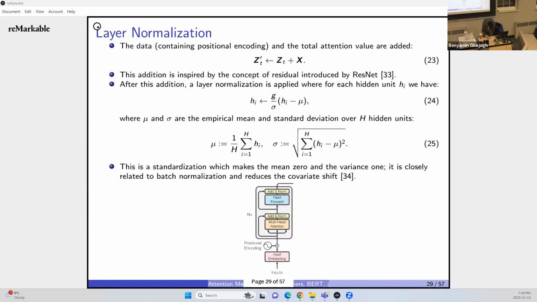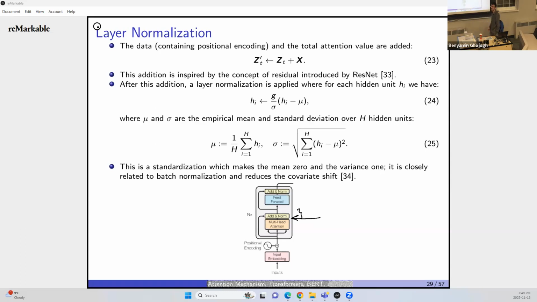Where are we now? We are here, after multi-head attention. But we have something else that's called add and norm. Do you see that? What is that? It has two parts, add and norm. Let's talk about add first.